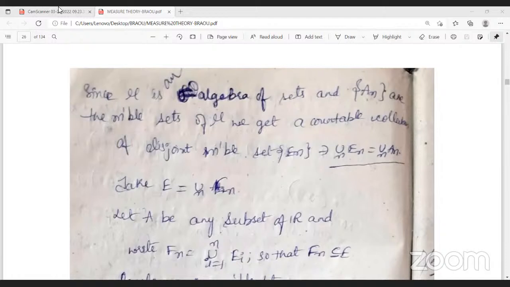Therefore, for any set A, we can write A equals B union A minus B. Suppose A is a subset of B. By using set theory, E1 equals E union E1 minus E. Next, En equals En plus 1 union En minus En plus 1.